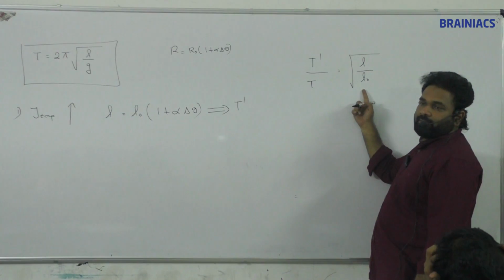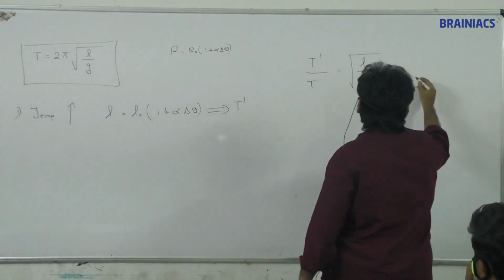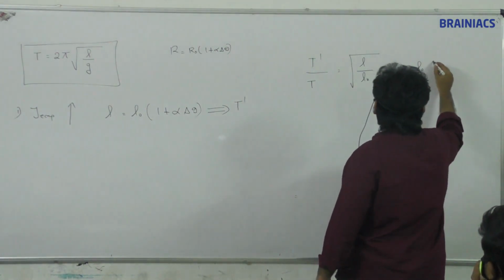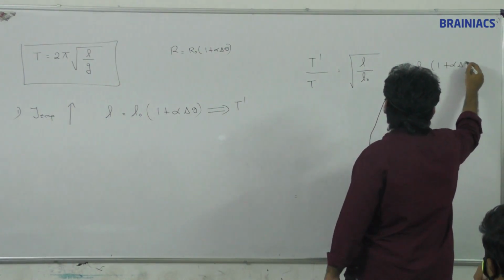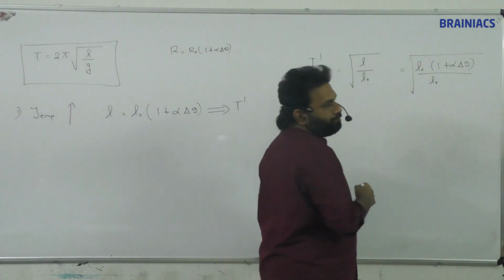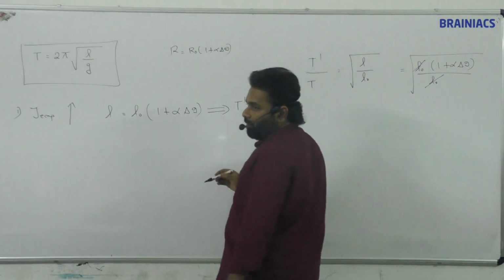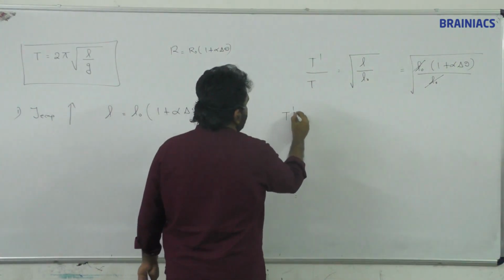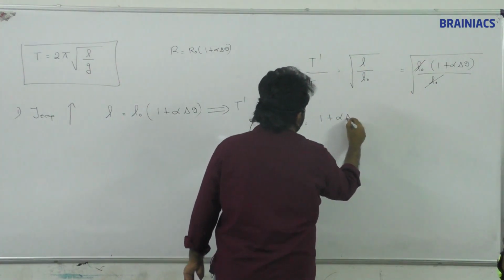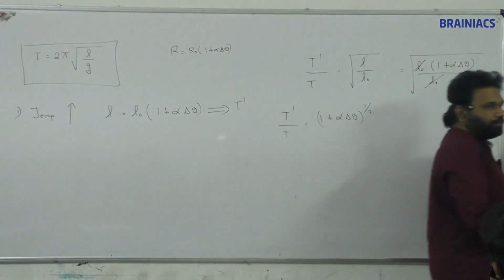This is the previous length, this is the new length. Now this will become L naught into 1 plus alpha delta theta divided by L naught, under the root. This L naught will be cancelled off. What will we be getting? T dash by T is equal to 1 plus alpha delta theta raised to 1 by 2.